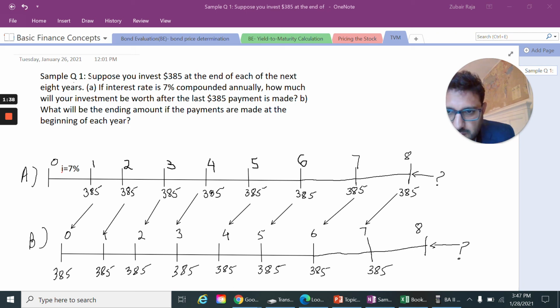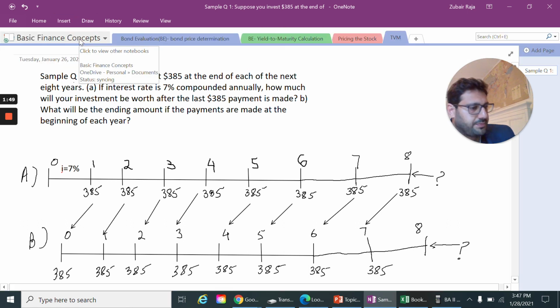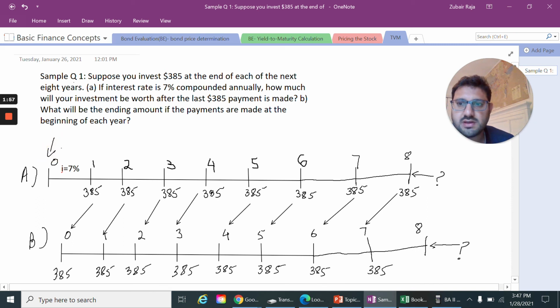So let me select the pen. This is the timeline, and in the timeline, this is the period right now. It is the start of the first year, or you can say that this is the end of year zero.